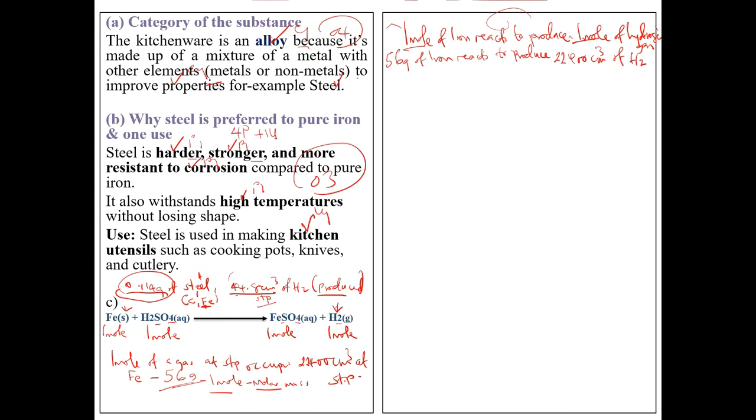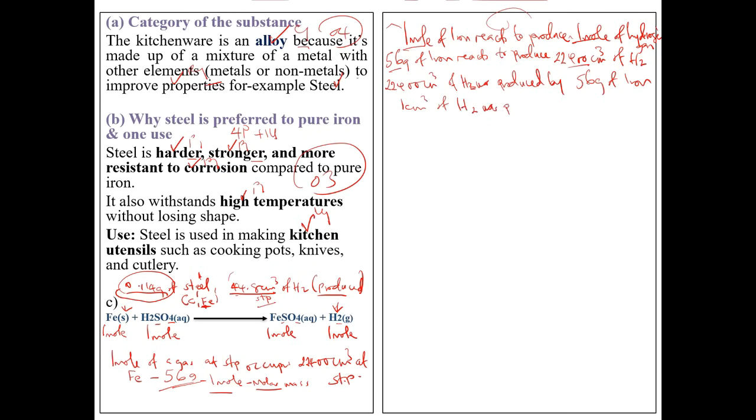Now, since we are given the volume of hydrogen, and we are looking for this, it's better what we are looking for to go on the other side, on the right hand. So which means we can start with this, that 22400 cubic centimeters of hydrogen was produced by 56 grams of iron. Now, if 22400 was produced by 56 grams, what about 1 cubic centimeter of hydrogen?